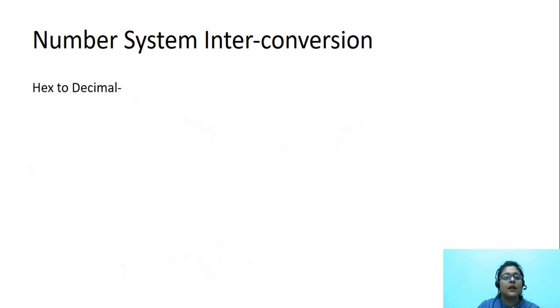Next, let us understand how to convert a hexadecimal number to a decimal number. In this case, you have to start multiplying it with powers of 16. So let's take 92. If it is a hexadecimal number, what will be its number in decimal number system?